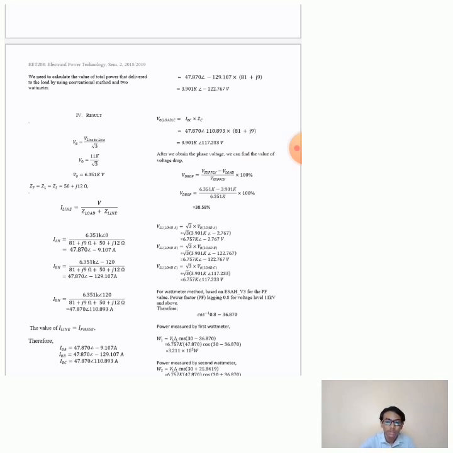For the conventional method, the real power consumed by the load uses this formula: P load equals 3 times V phase L, I phase L, and cos theta. We will get the power load that we want as the result.